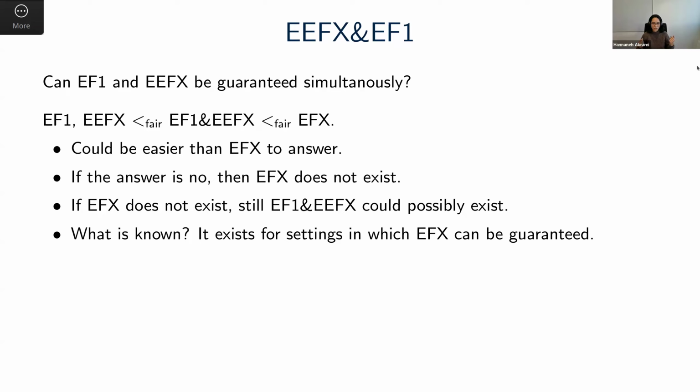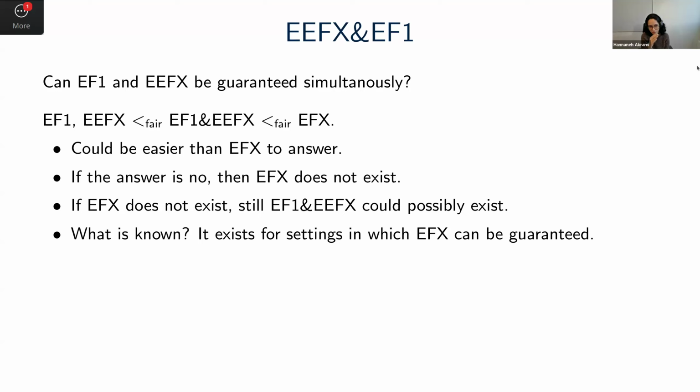And it seems that answering the EFX existence problem is very difficult. So it could be a simpler question to answer, whether EF1 and epistemic EFX can be satisfied at the same time, rather than jumping into answering the EFX question.